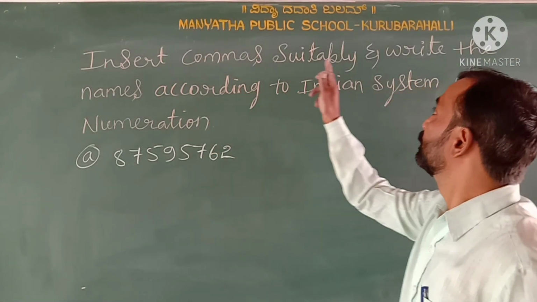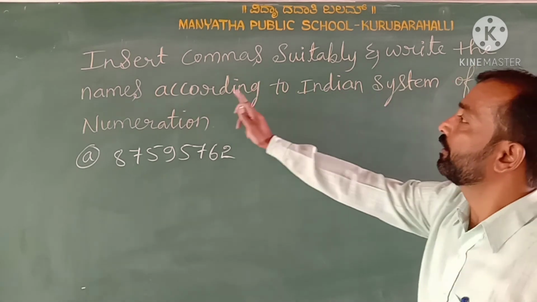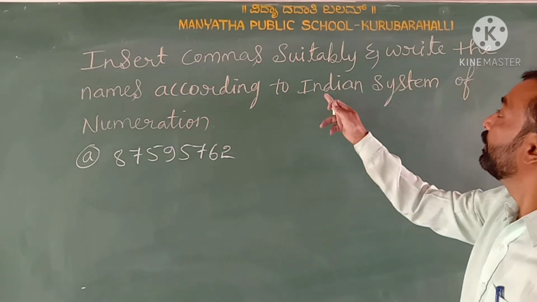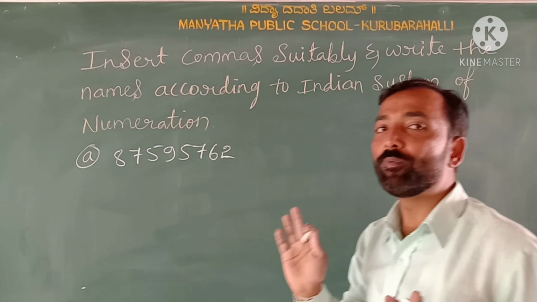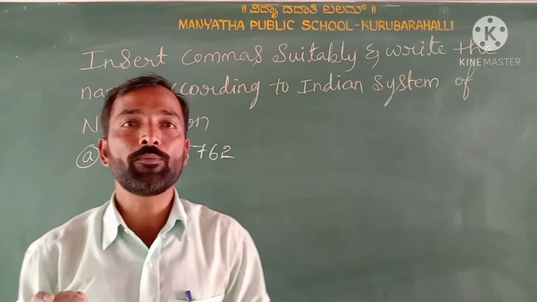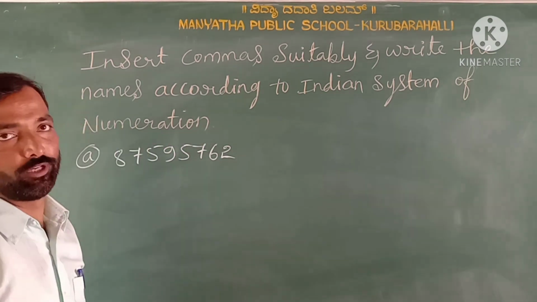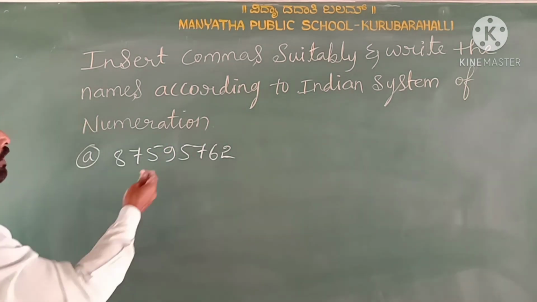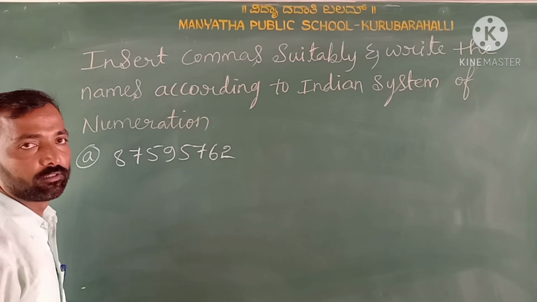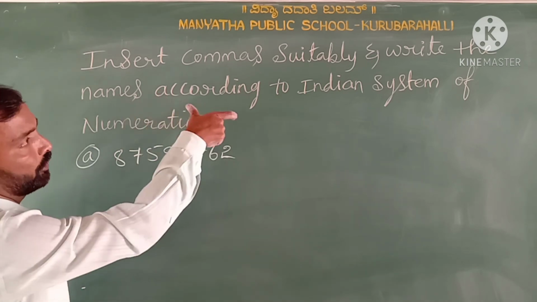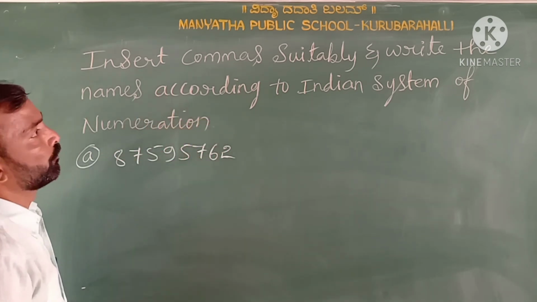Insert commas suitably and write the names according to Indian system of numeration. See the given question in the Indian system of numeration. See, the given digits are like this. Here in the question, we make it two parts.